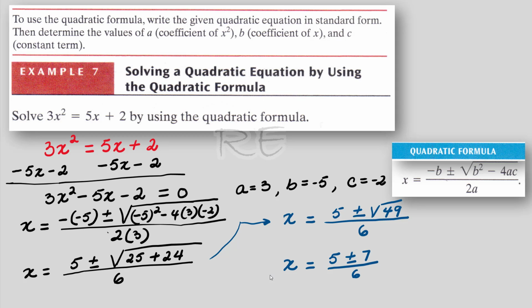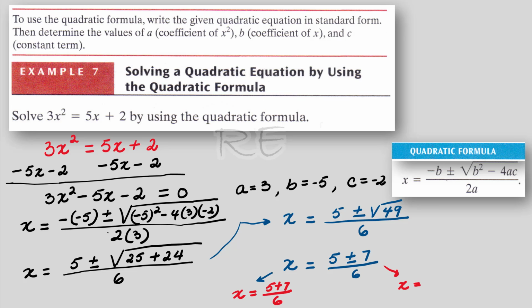So x is equal to 5 plus or minus the square root of 49, over 6, which is 5 plus or minus 7 over 6. Therefore, x is equal to, first solution, 5 plus 7 over 6.